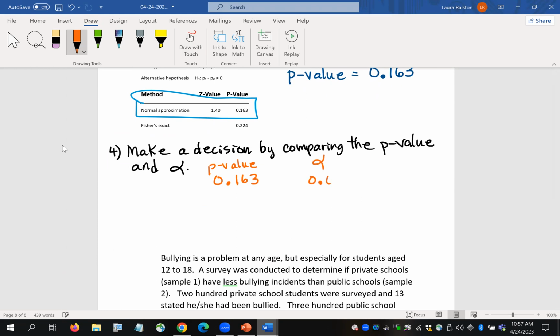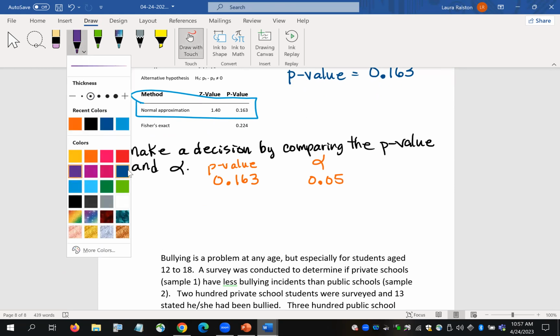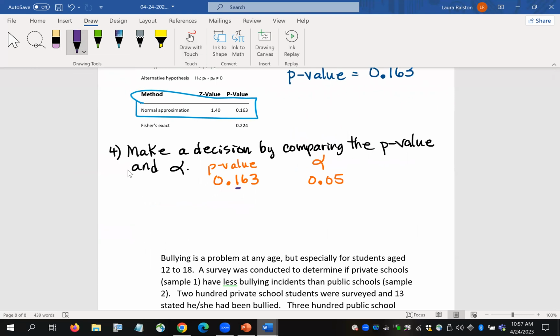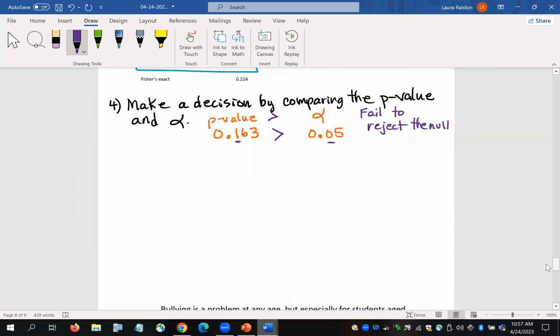Alpha is 0.05. Compare it digit for digit. 1 is the first number after the decimal in the p-value. 0 is the first number after the decimal in the alpha. 1 is greater than 0, so p is greater than alpha. If p is greater than alpha, we fail to reject the null. Those guidelines have not changed.